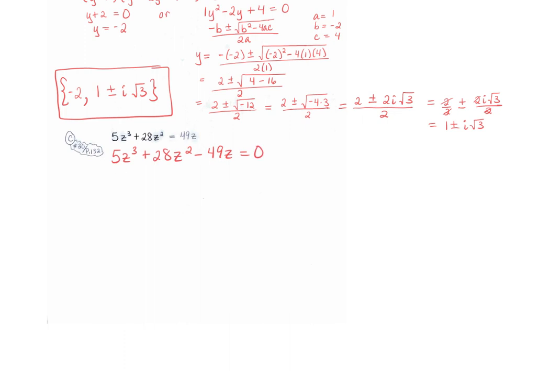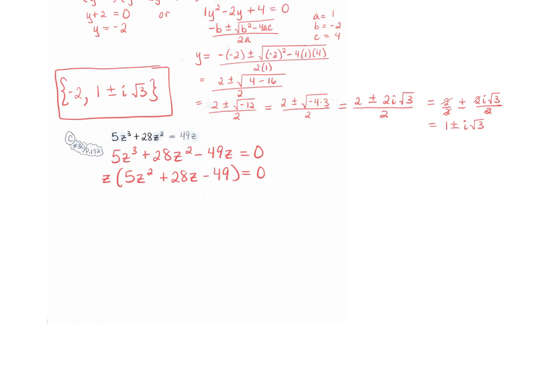Now, looking at each term here, we have a z in common. So we're going to factor out a z, and we're left with 5z squared plus 28z minus 49 equals 0.